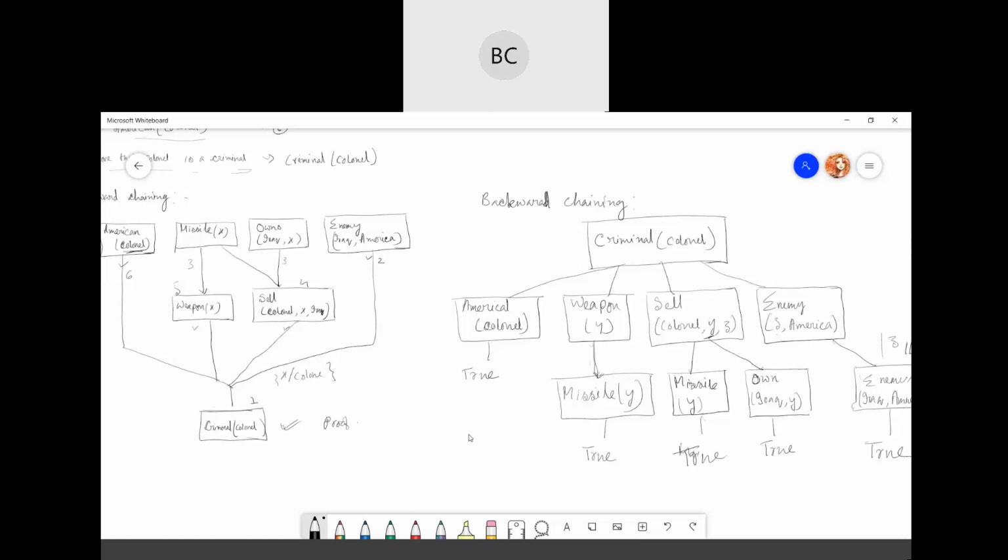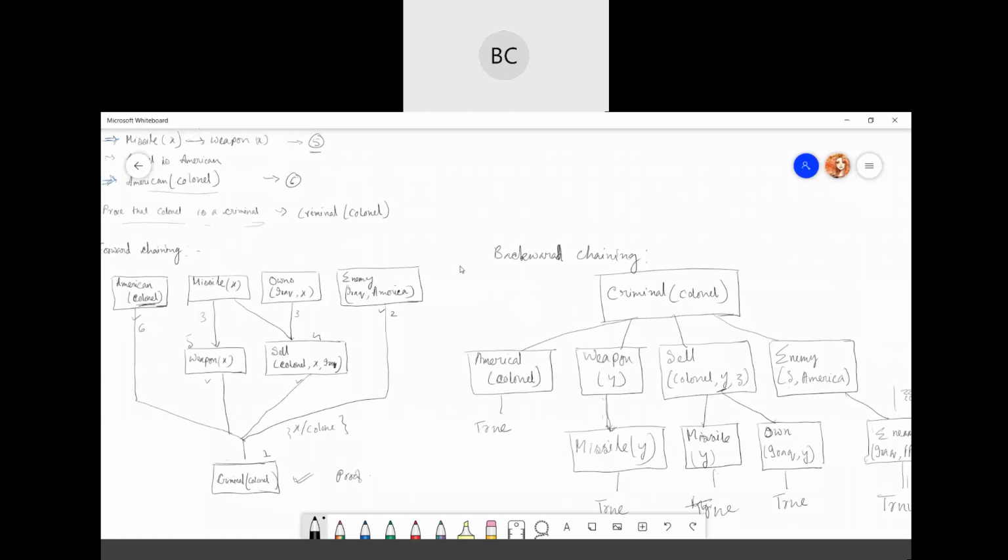Is it clear to everyone? Forward and backward chaining means how inference uses these two types of things to generate new facts from the already existing facts.